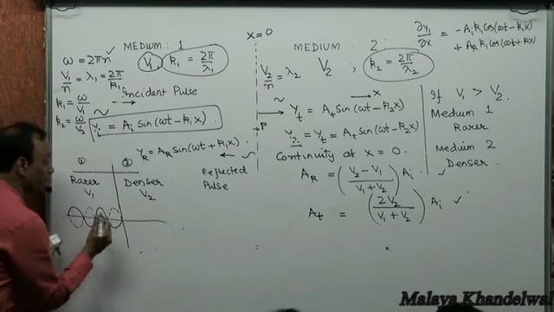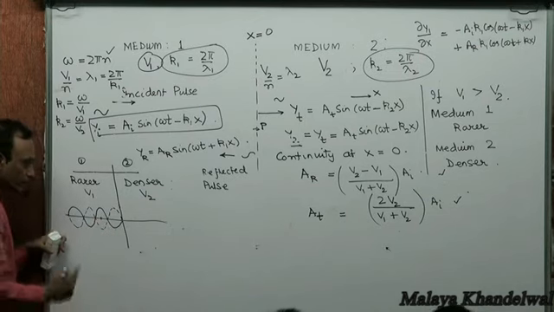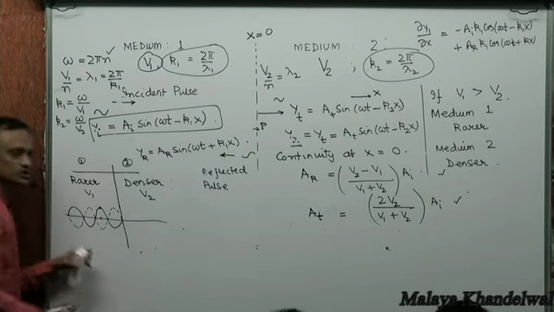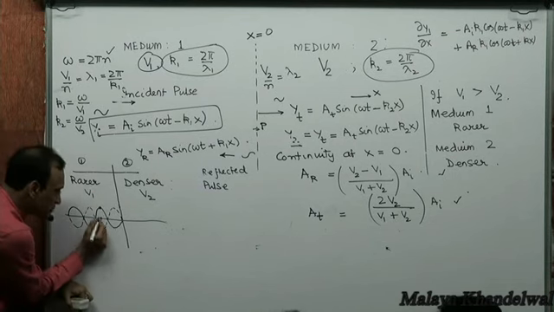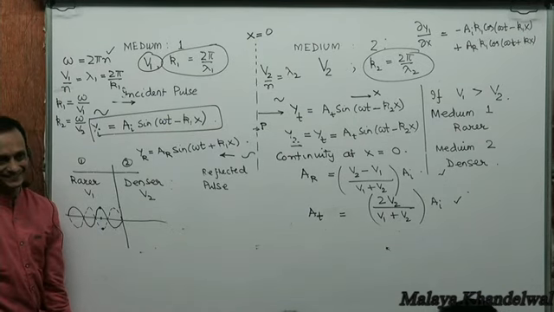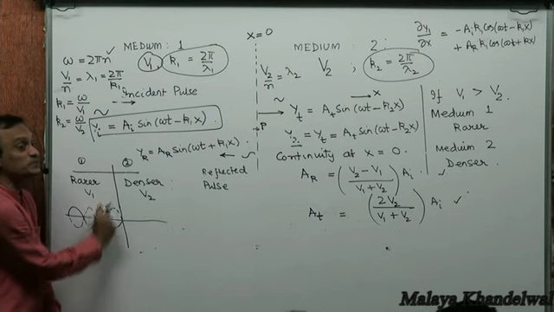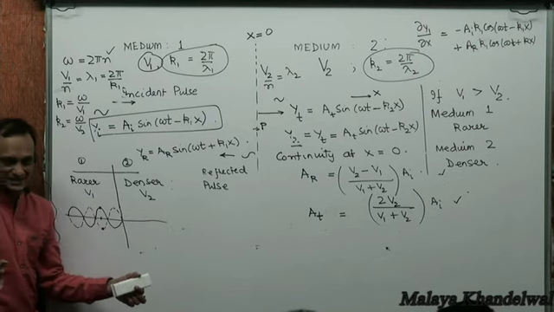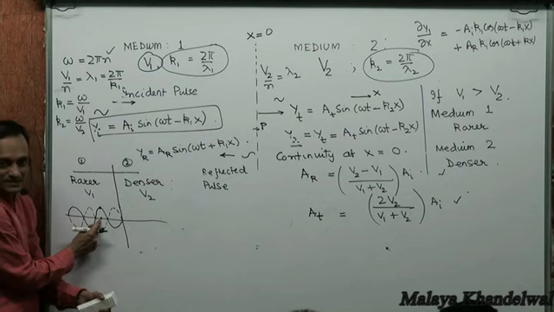While a particle here, the incident pulse would have produced a crest, the reflected pulse for the same particle would have produced a trough. They would have been in opposite amplitude states about the mean position. This is the mean position, right?